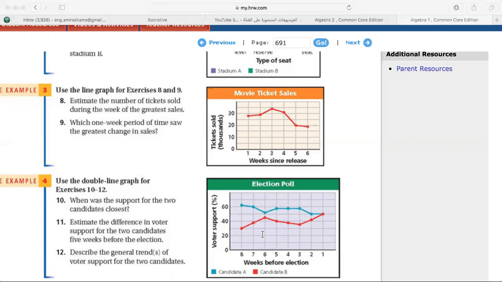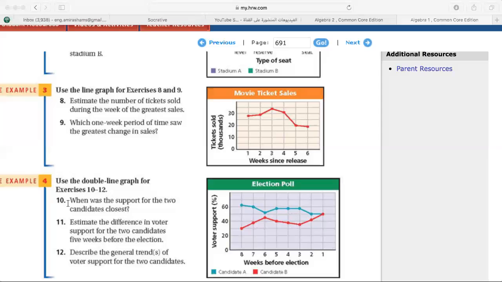So it is like counting down: the 8th week, the 7th week, the 6th week, the 5th week, 4th week, 3rd week, 2nd week, and here comes the final week before the election. This is the final week for the election. And later on, they will start to count the votes and decide who is the winner.